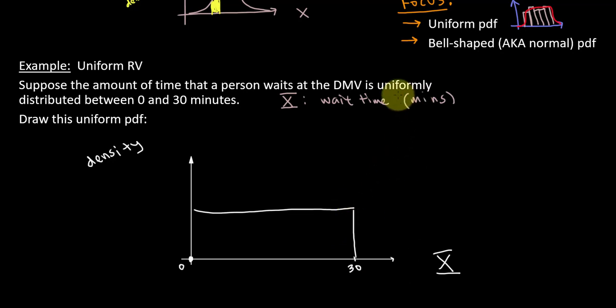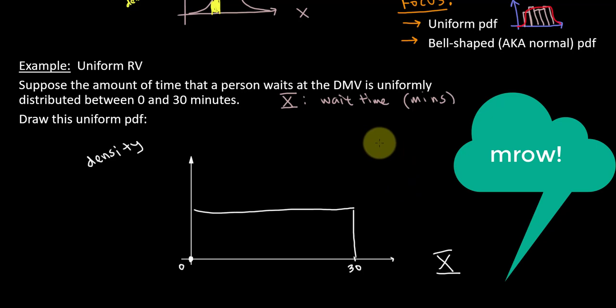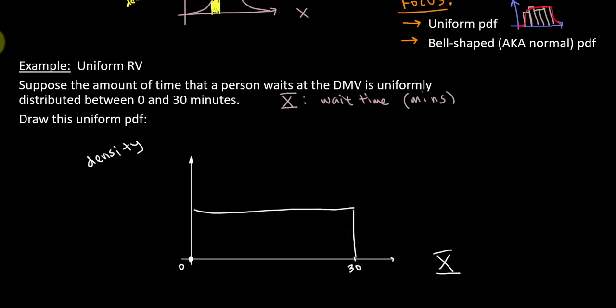You may recall from our previous probability videos that all of the probabilities must sum to 1. So in this graph, it's just a rectangle. The total area here must equal 1 if we're going to allow area to represent probability.